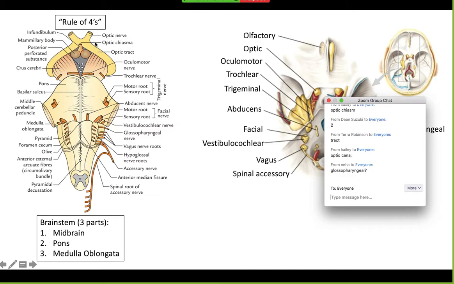Obviously cranial nerves 1 and 2 are more anterior in the forebrain, but you have 3 and 4 from the midbrain. So 4 cranial nerves from the midbrain and farther anterior, 4 cranial nerves from the pons, so 5, 6, 7, and 8, and then 4 cranial nerves from the medulla. So the last 4 from the medulla. So rule of fours, if that helps at all.